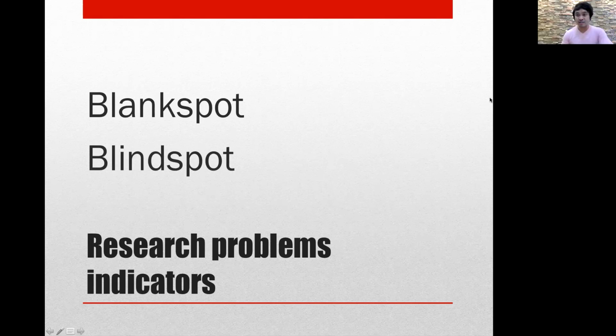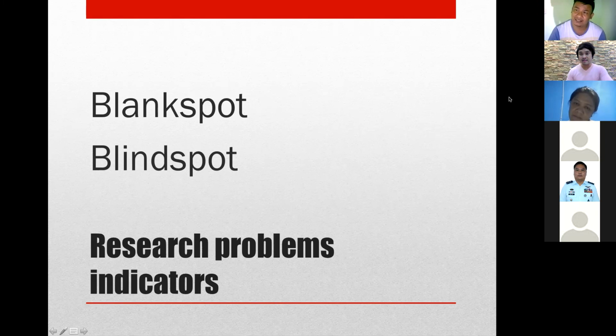So those are what we call research problem indicators. And the problems, my dear colleagues in education, are not the personal problems that we are experiencing, not the personal problems of our peers, of our neighbors, of our politicians, of the community.